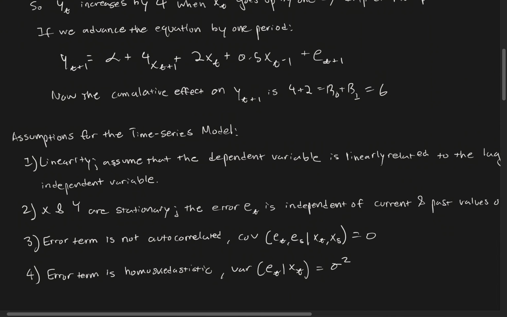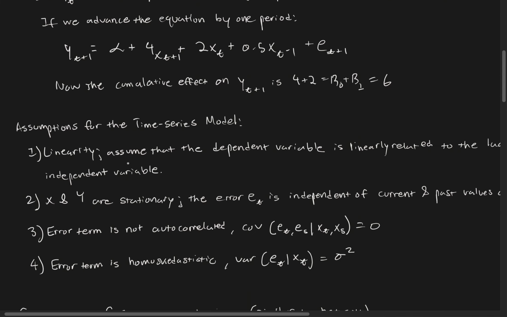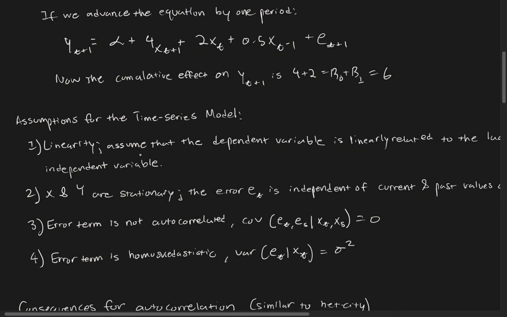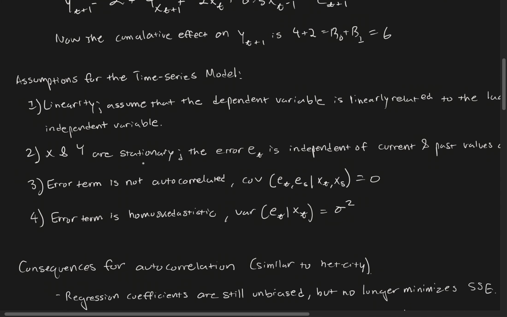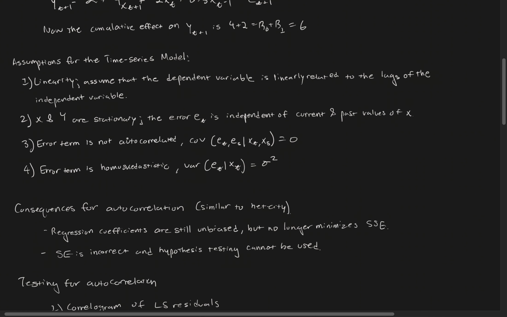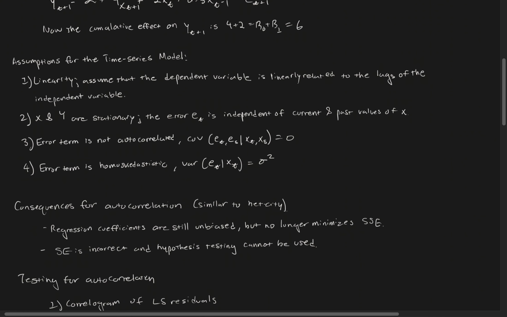Just like a linear regression and multiple regression model, we have assumptions for the time series model. Just like the previous two, we have linearity. It's a little hard to interpret since these are time based, but it's pretty much the same thing: linearly related to the lags of the independent variable.